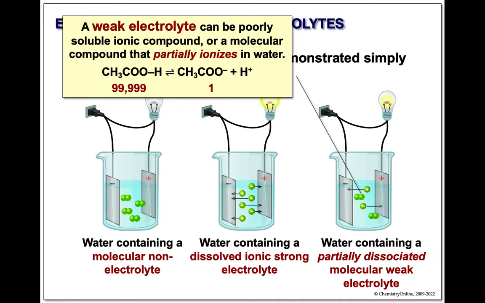An example, this is acetic acid. Acetic acid dissolves in water to give acetate and proton, but unlike sodium chloride, where this is 100% ions, this is about 100,000 of these for every one of these. So it's a weak electrolyte.